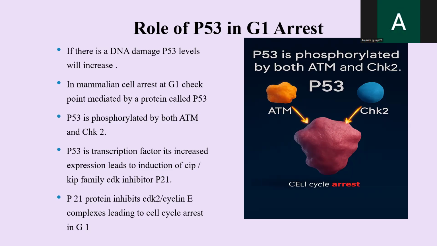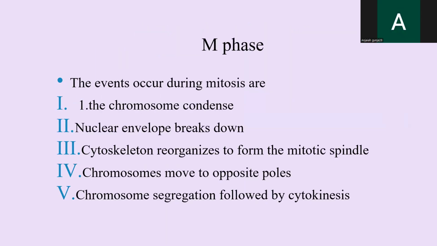P53 is phosphorylated by both ATM and CHK2. P53 is a transcription factor, and its increased expression leads to the induction of CIP or KIP family CDK inhibitors, which will further activate P21. This P21 protein inhibits CDK2 or cyclin E complexes, leading to cell cycle arrest in G1. The P53 molecule regulation is this.